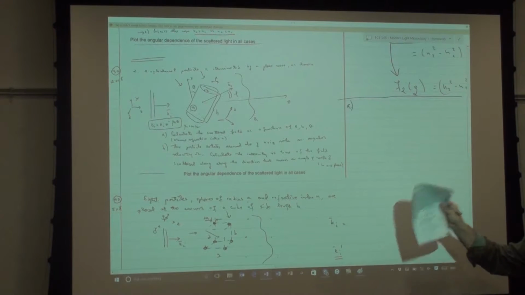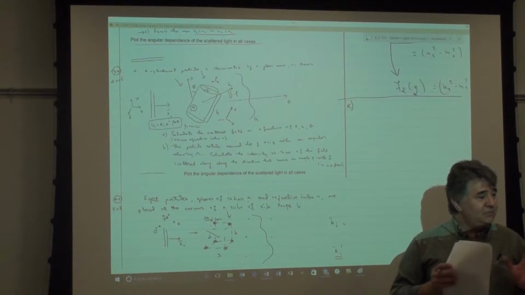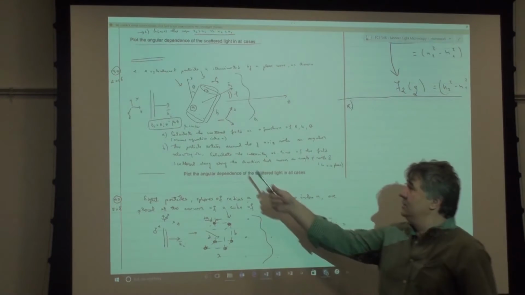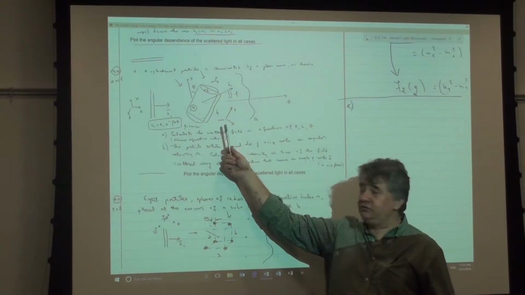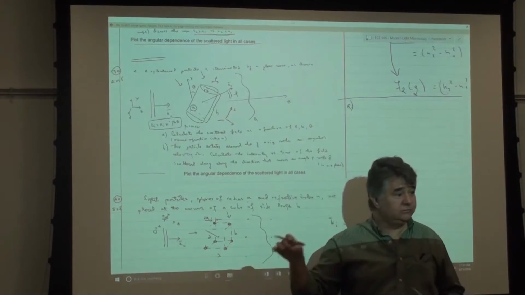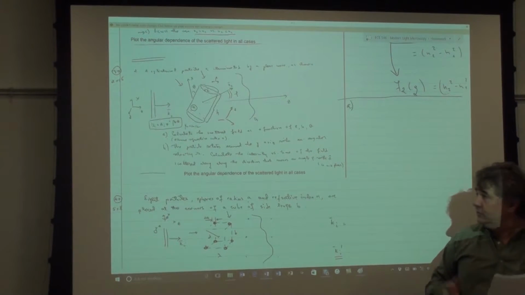Once you know how to do one, you should be able to do all of them. The only difference is the math. Here you have a rotation matrix, but it's not a big deal. Once you are able to write the chi down, the physics, you pretty much solved all the problems. That's the idea.